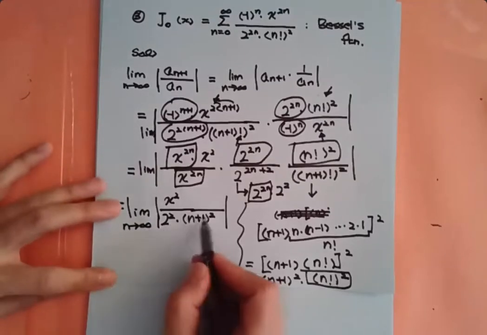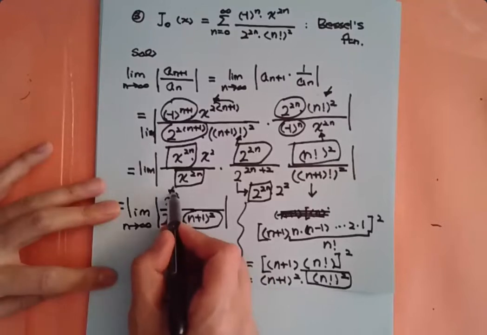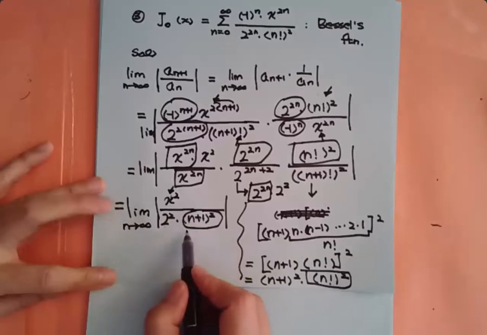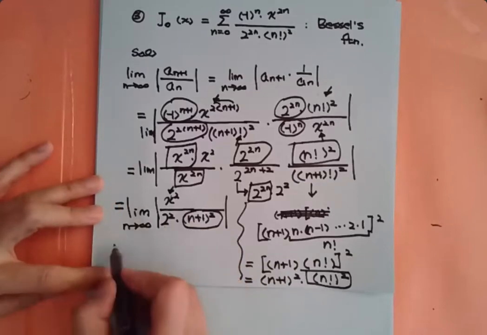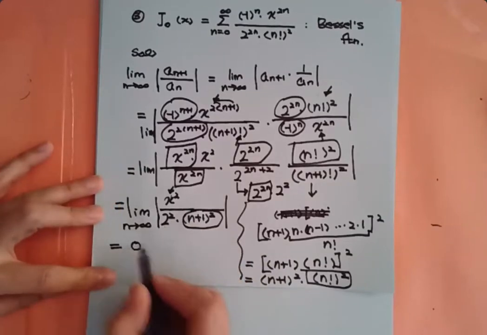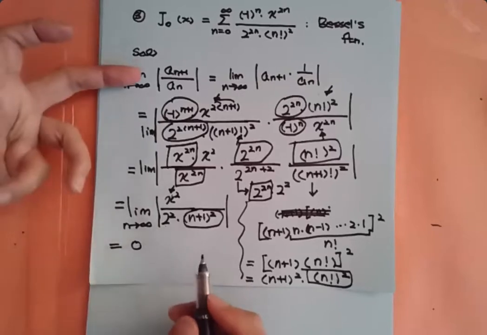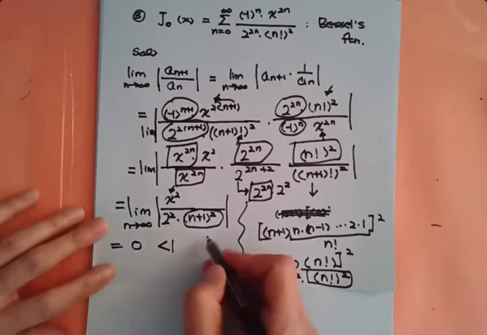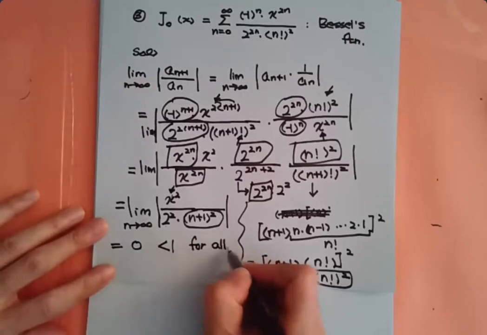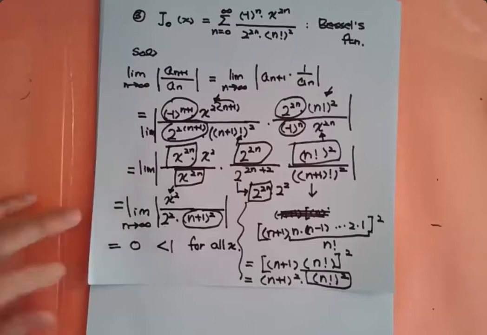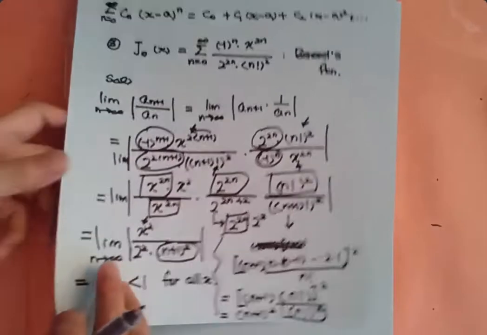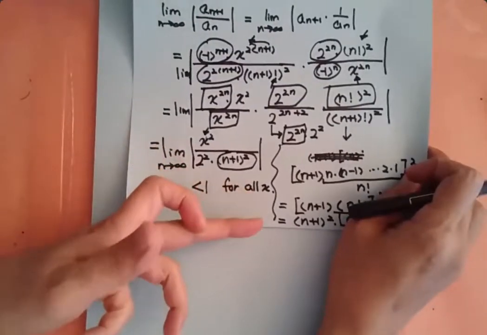So x is a fixed, unknown number, while the denominator increases, and so the limit goes to 0. This ratio's limit is 0, which is less than 1 for all x. So by the ratio test, the series converges for all values of x, because that is independent of x.